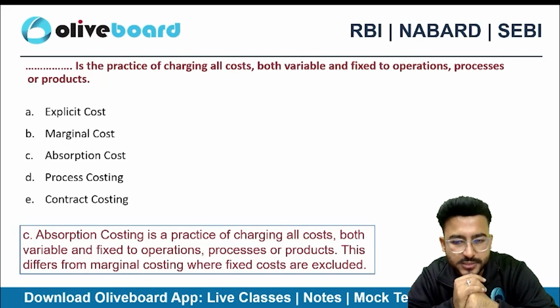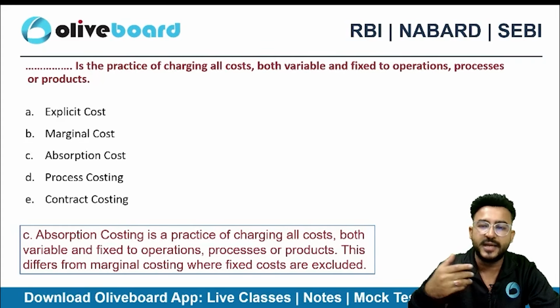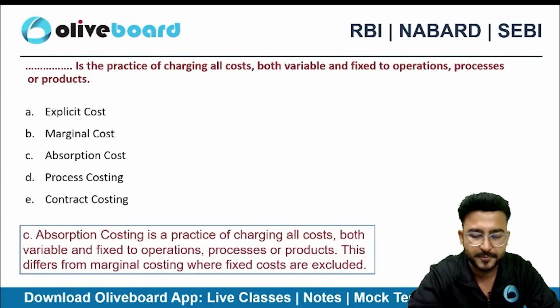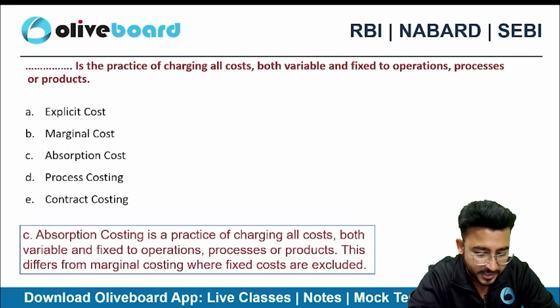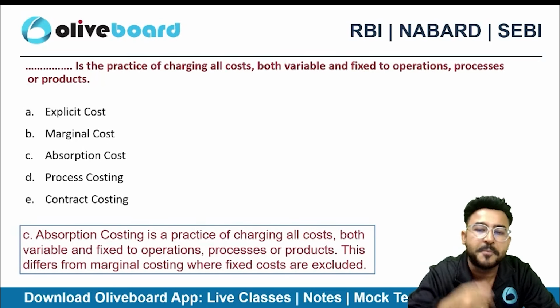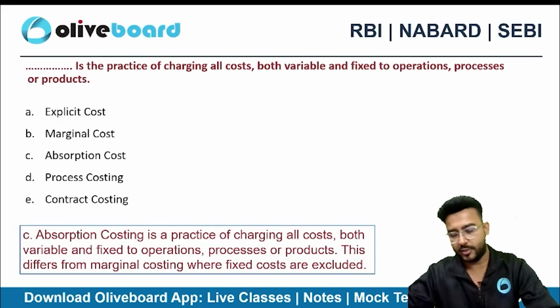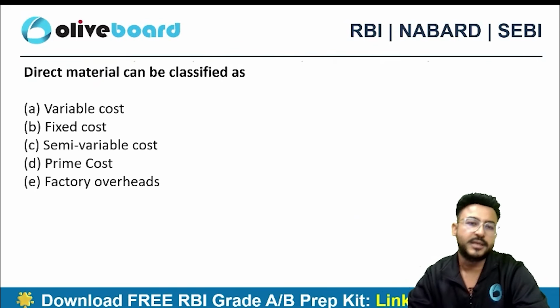In marginal costing, we consider it as a period cost. We consider fixed cost as a period cost in marginal costing. Next one.